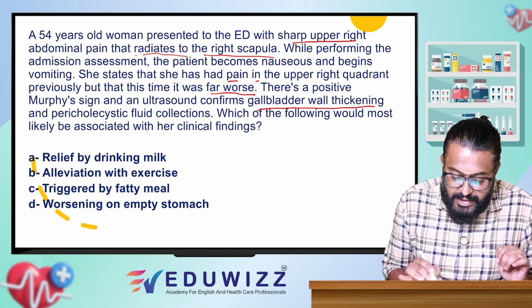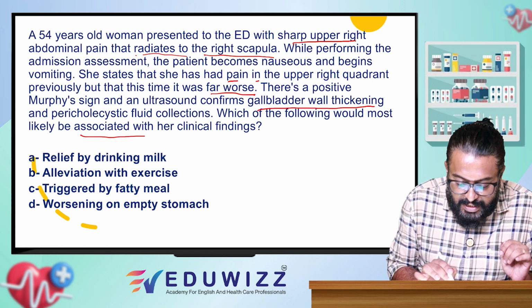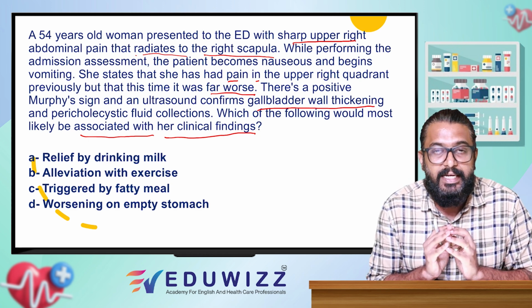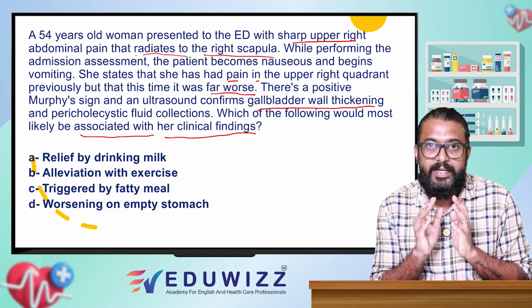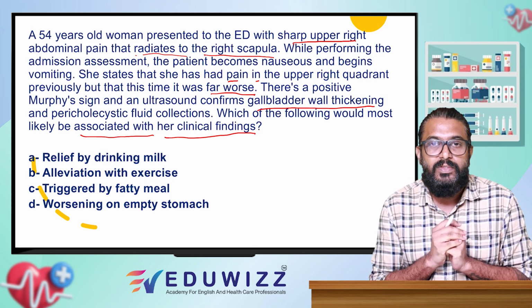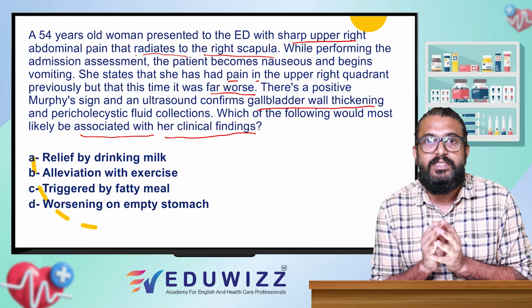Now coming to the question: which of the following factors is associated with her clinical findings? What are her clinical findings? Sharp upper right quadrant pain, which has now become worse. What will be the reason the patient's pain has become worse?